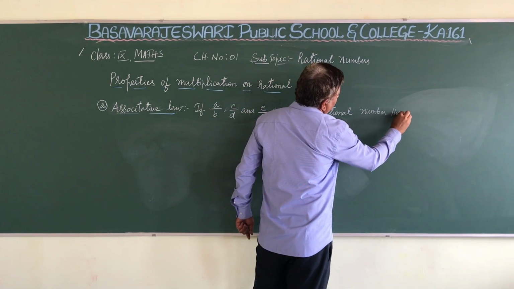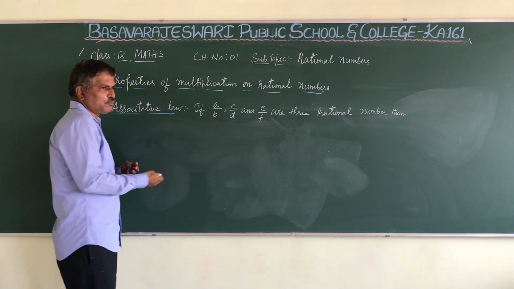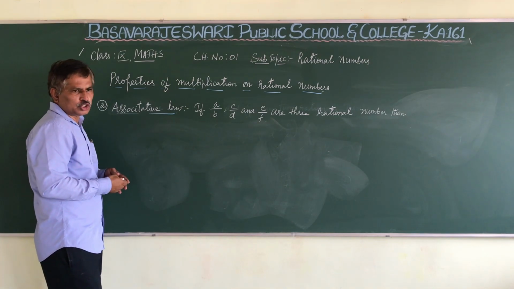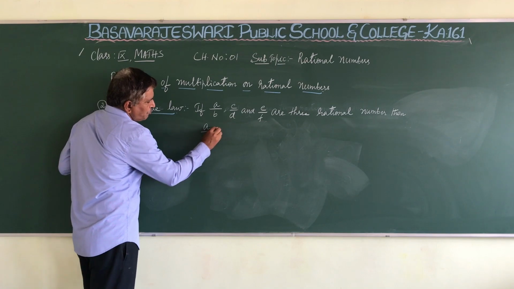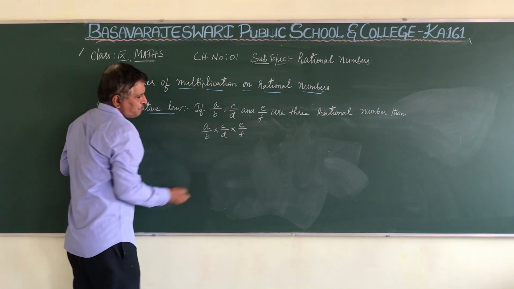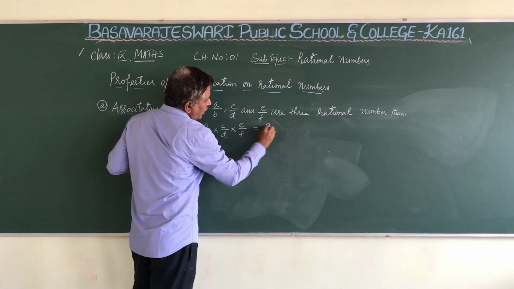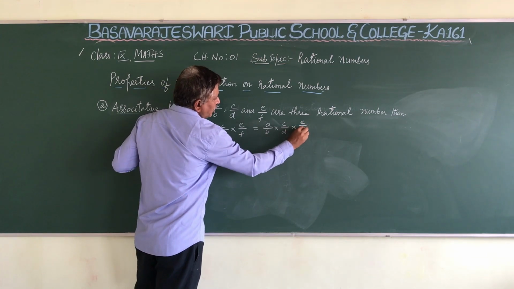then in order to prove that the associative law holds good, we need to associate any two: (a/b × c/d) × e/f is equal to a/b × (c/d × e/f).